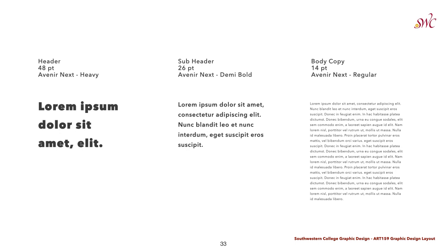For the subheader, we have a slightly smaller 26-point size and a demi-bold, so it's not quite as thick. And then for the body copy, we have a 14-point size at a regular type setting here. So we can see how one single typeface can span all three of these different levels of hierarchy and still be very legible while creating strong points of dominance and emphasis within the design itself.